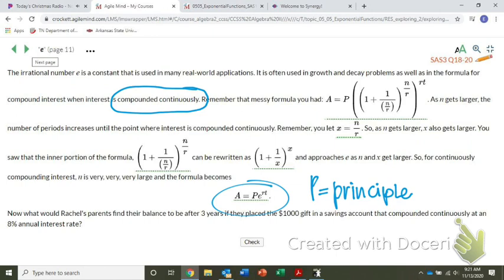So to find the E on your calculator, second LN. Do you see the second LN on the calculator?